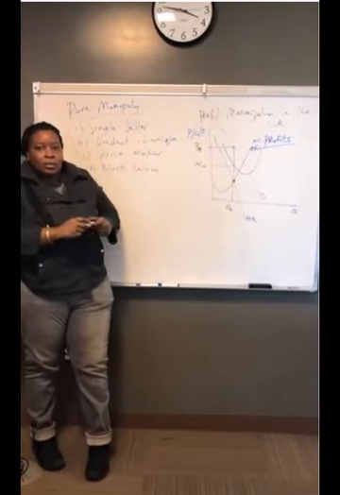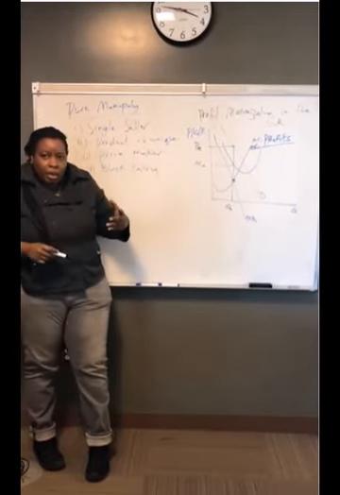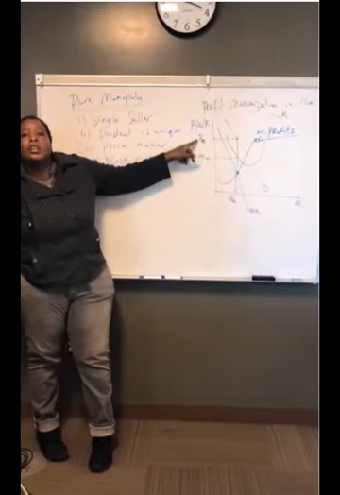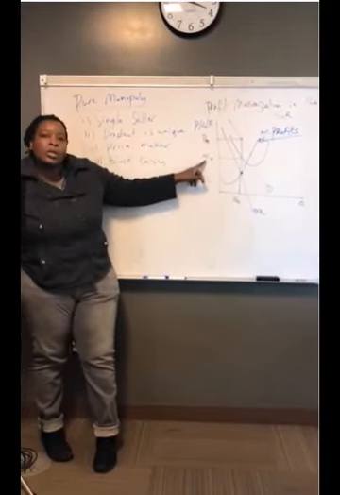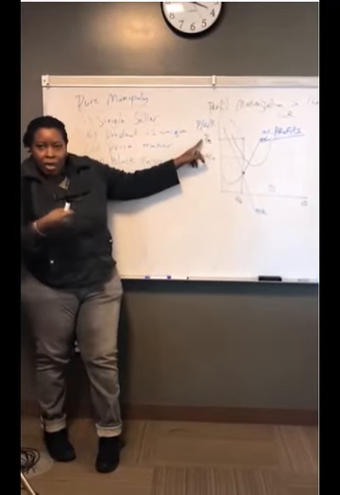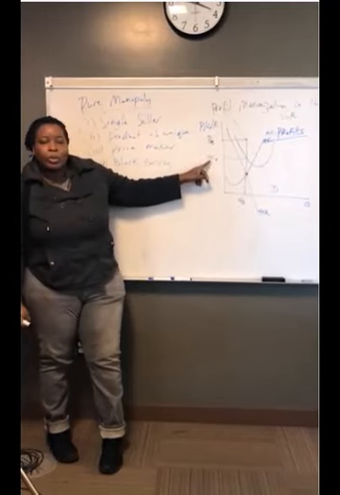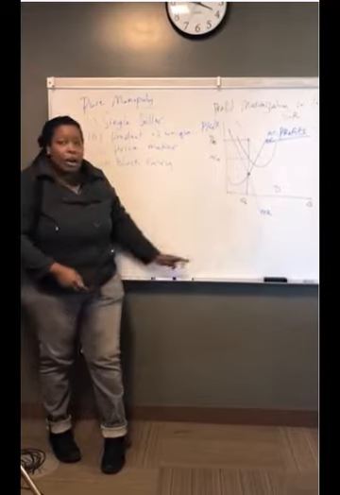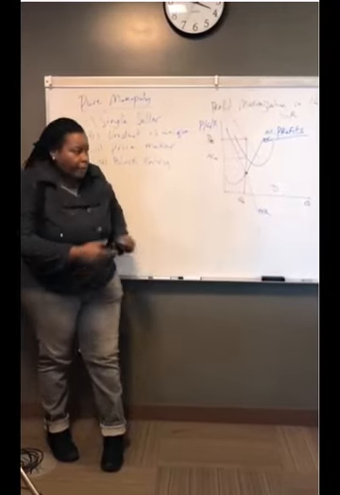Now watch this. Your business people and your smart students, this is the price you fetch on the market when you sell the good. This is how much it costs you to produce the good. Price you get from the customer, cost to produce it. The price is higher than the cost. You are making profits. How much profits?